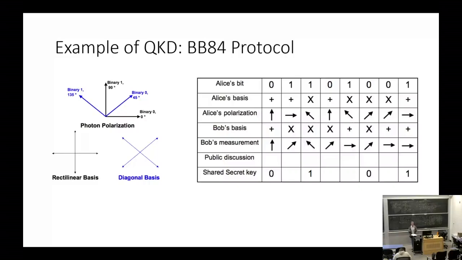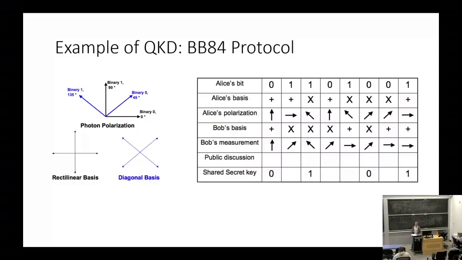Or we can have our binary 0 at 45 degrees, and our binary 1 at 135 degrees in our diagonal basis.